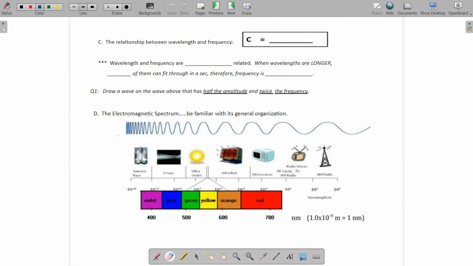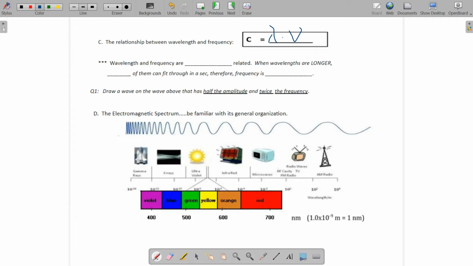Now, the next thing is that the relationship between wavelength and frequency is this equation right here. c, which remember we talked about c was the speed of light, equals lambda nu. Okay? Lambda times nu.